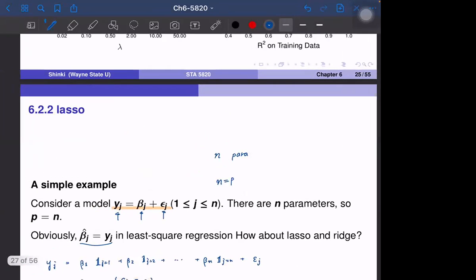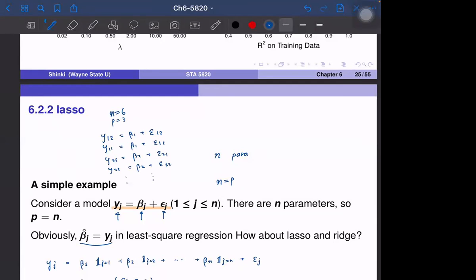It's motivated by the ANOVA model. If we have 3 groups and 6 observations, then it's possible that y11 is equal to beta 1 plus epsilon 11, y12 is equal to beta 1 plus epsilon 12, y21 is equal to beta 2 plus epsilon 21, and y22 is equal to beta 2 plus epsilon 22, and so on.